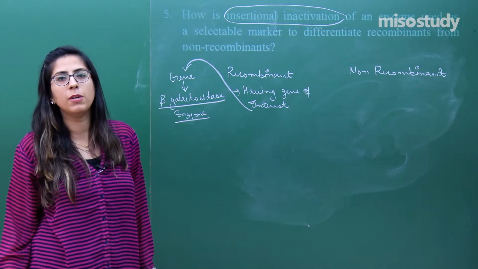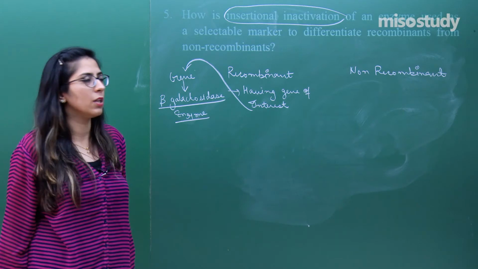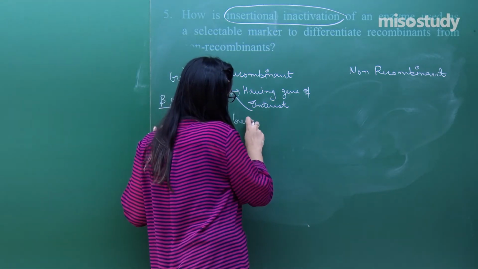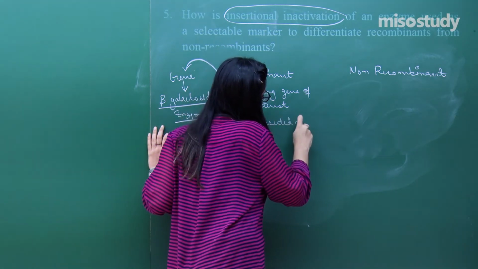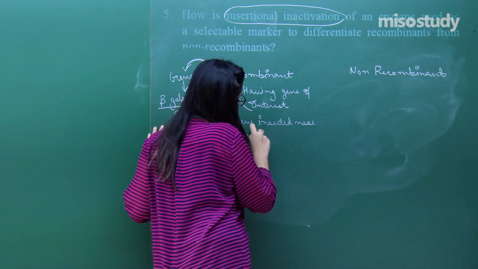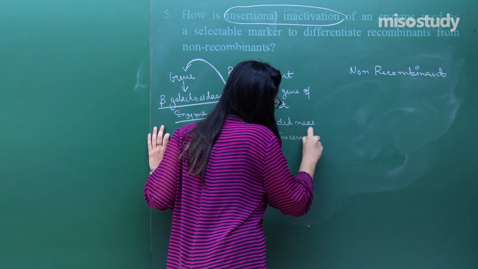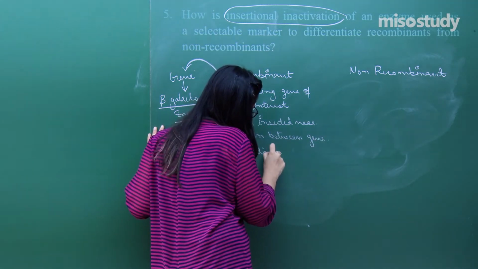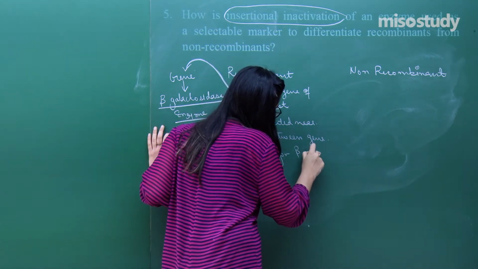They will not be able to express. This is called insertional inactivation. So, in this case, gene inserted near or in between the gene coding for beta galactosidase.